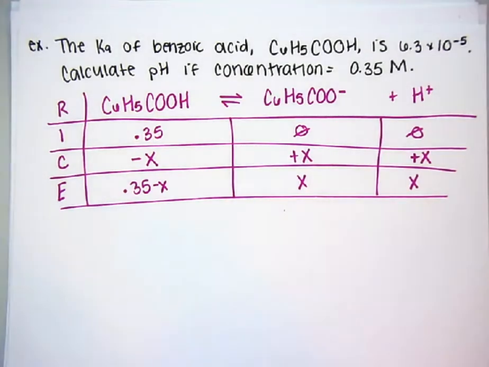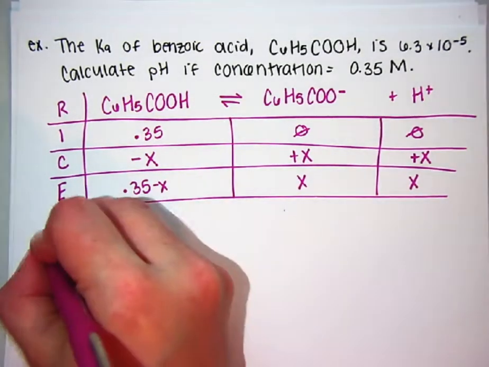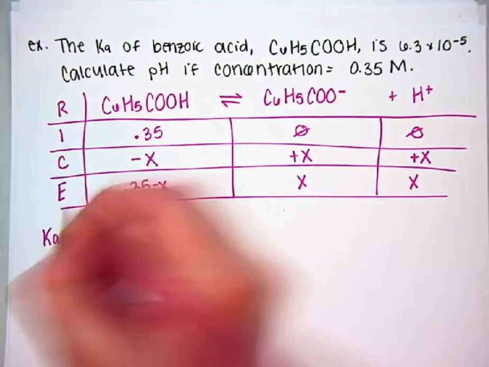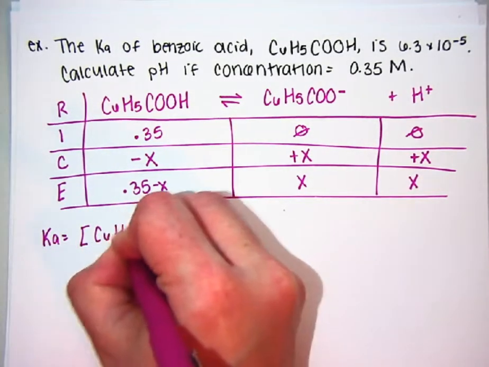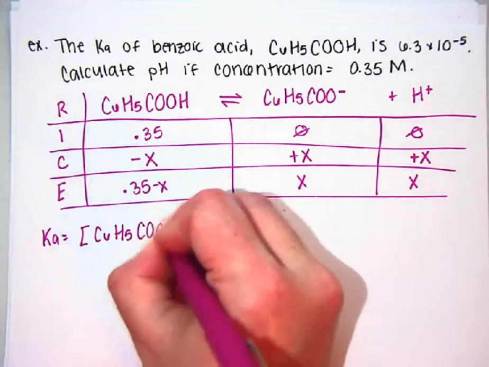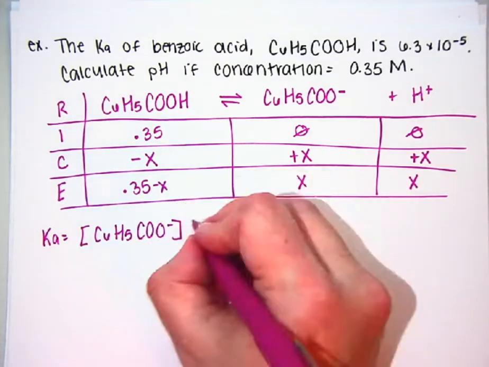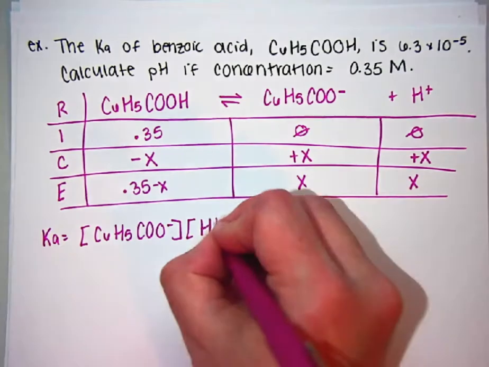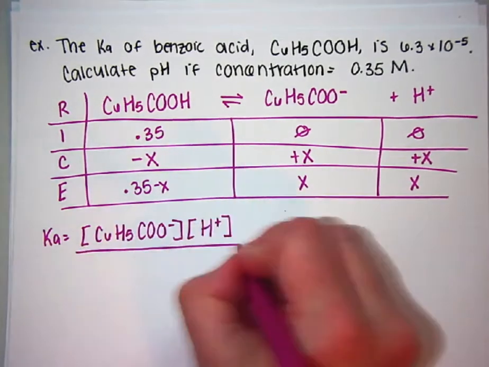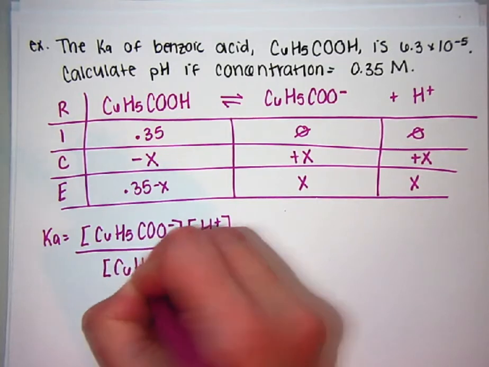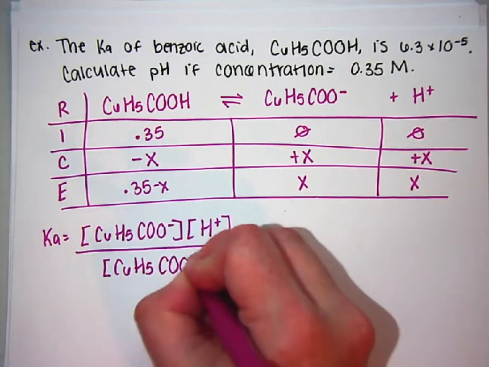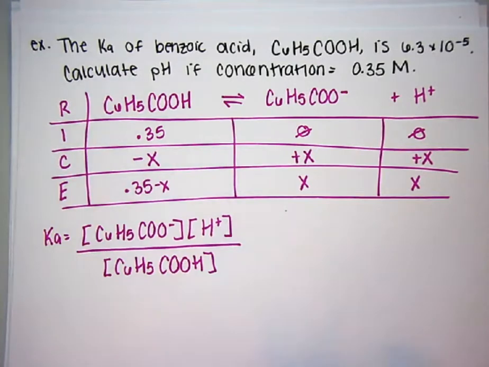All right, let's write our Ka expression. So Ka is equal to products over reactants. And now we can plug in what we know.